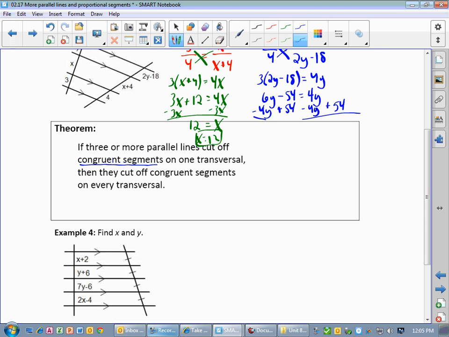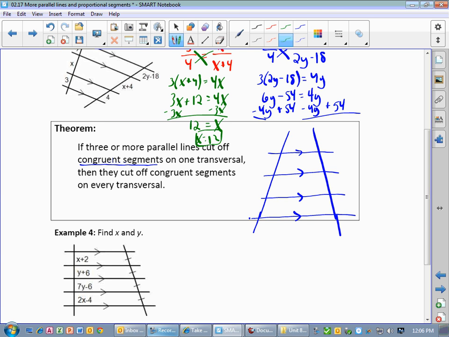So if I've got 3 parallel lines, again, it says 3 or more, so it could have 4 or 5 or whatever. And we've got a transversal, and another transversal. Now let me do one more parallel. Okay. Let's say I know that this is 5, and this is 5.